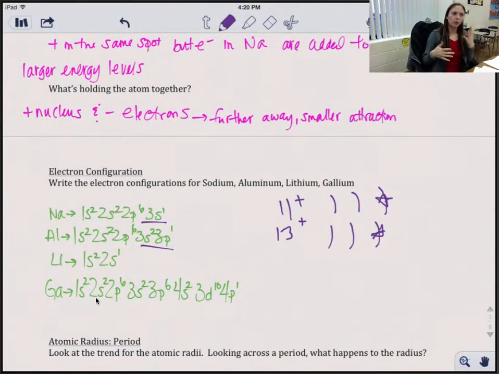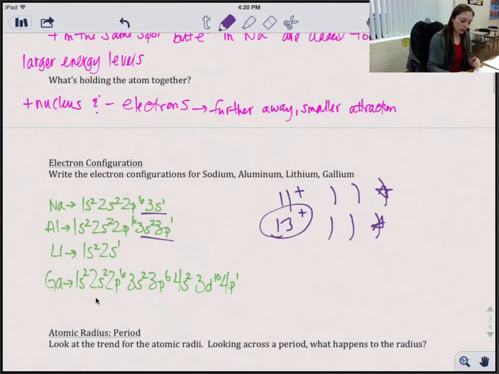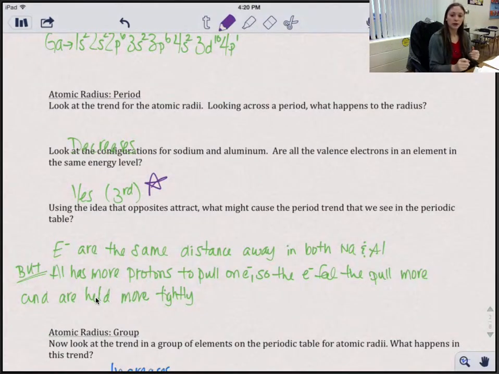So now I'm trying to think, what's going to make aluminum smaller? If this has a stronger positive center, it's going to pull those negative electrons. If my center is stronger, my electrons are going to feel that pull a lot more, and it's going to be a smaller size. So that's what I have written right there. The electrons are the same distance away in both sodium and aluminum.